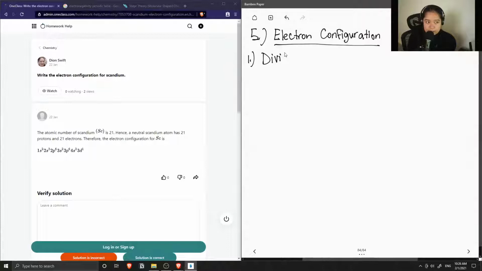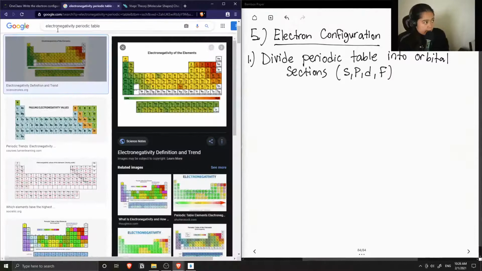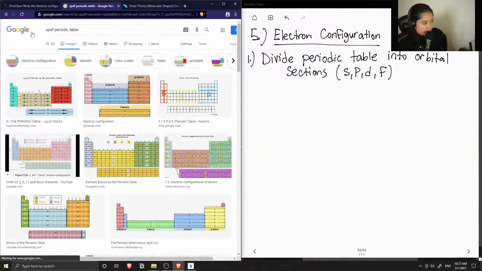So first, we need to divide our periodic table into orbital sections. So for example, S, P, D, and F are the different orbitals, and I can show how we would divide it on a periodic table.